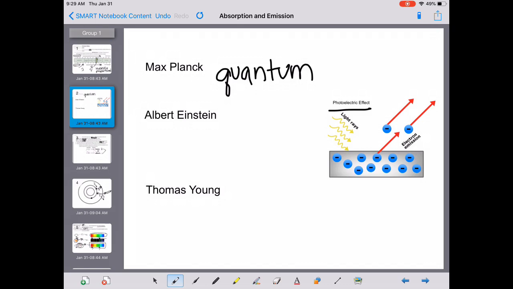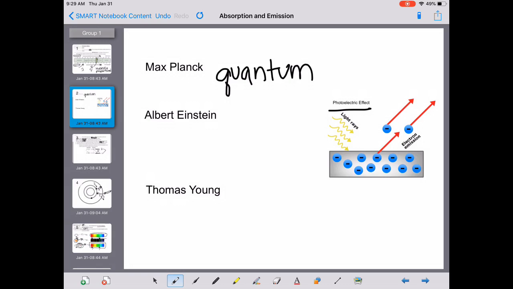The photoelectric effect happens when electrons are emitted from the surface of a metal when light of some minimum frequency shines on that metal. What they were observing is that once you hit this minimum threshold of energy, electrons would start to be emitted, but before you hit that minimum threshold, no electrons would be emitted at all.